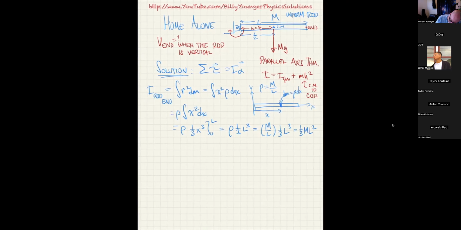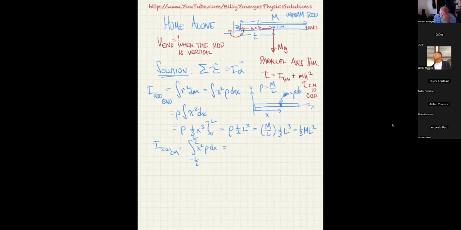Now, if we did it for the rod about the center of mass, what we'd have to do is the integral of x squared rho dx, but we'd integrate from negative L over 2 to L over 2.